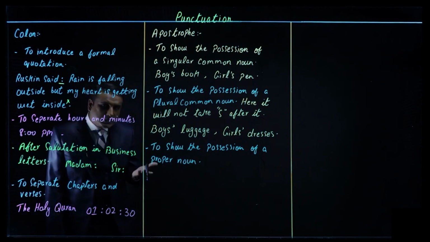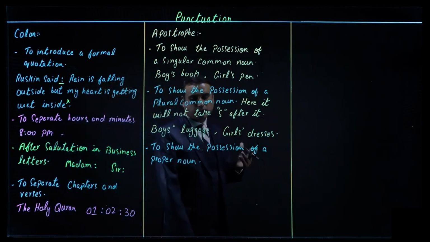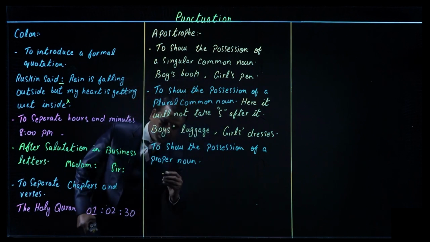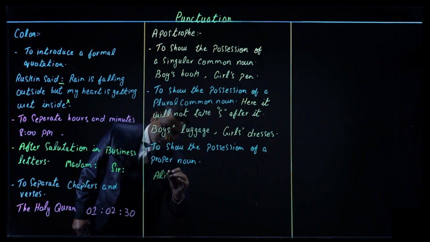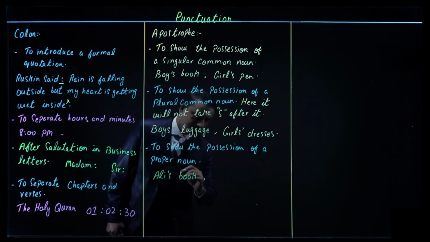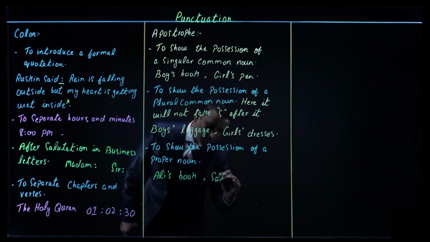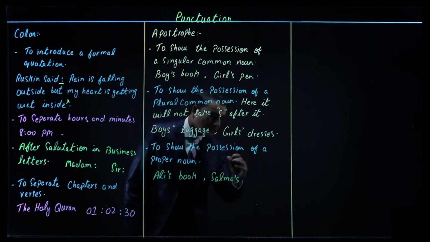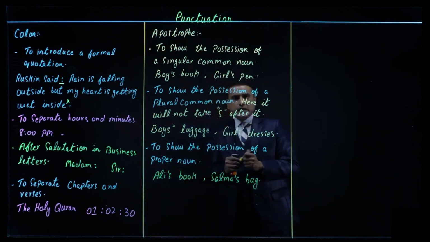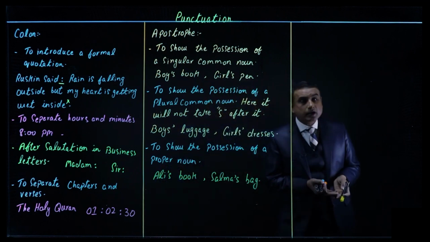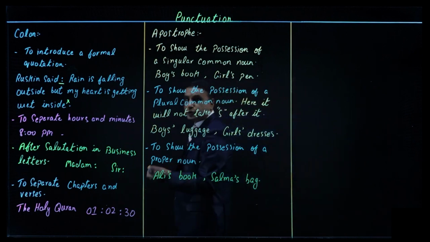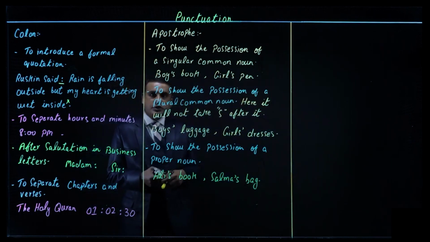That is why there is no question of discussing them as singular or plural. Like I say Ali's book, Salma's bag. You can clearly see that we are using apostrophe and S with proper noun, and that is actually to show the possession of that book or the possession of that bag.